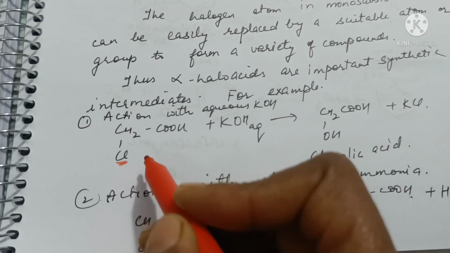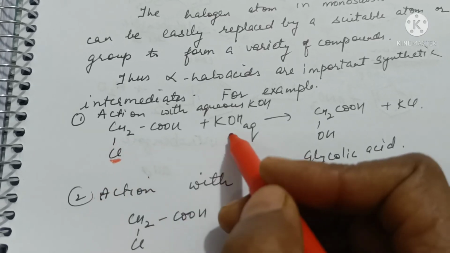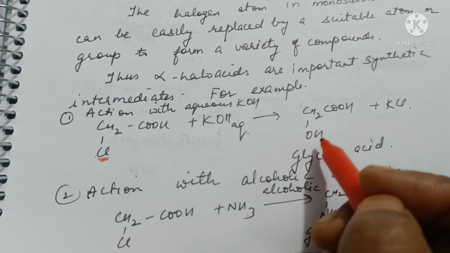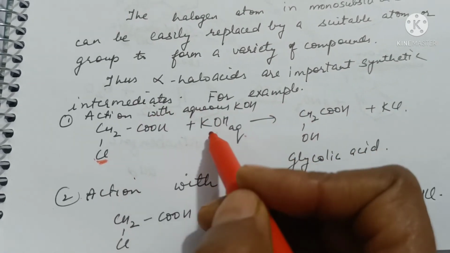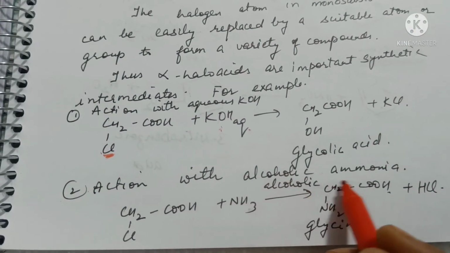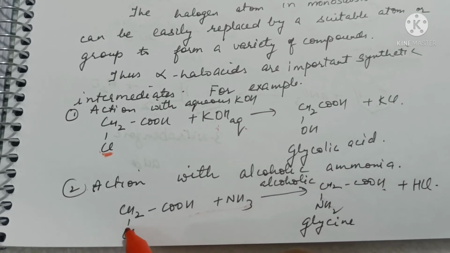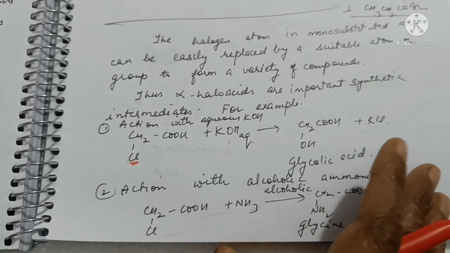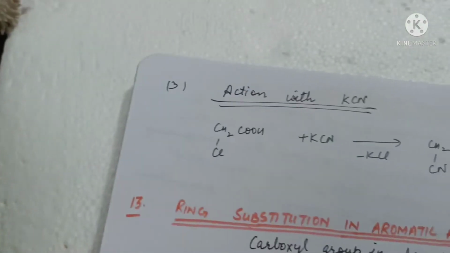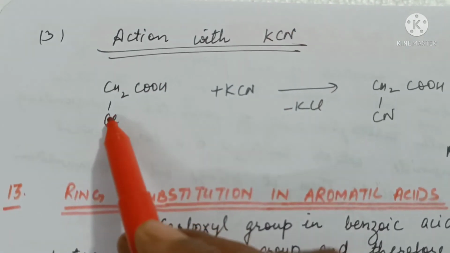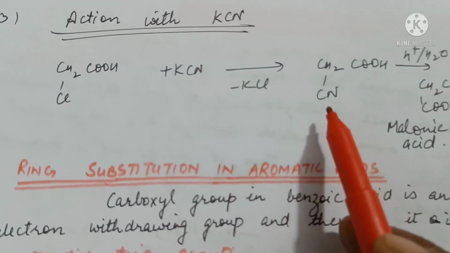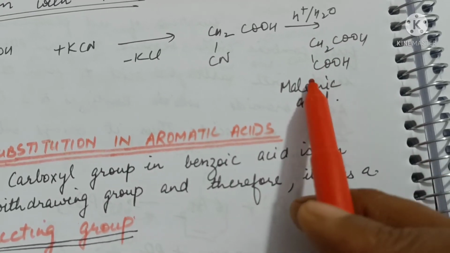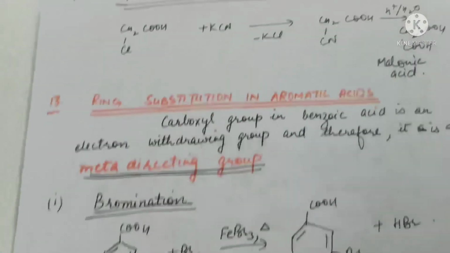For example, when we react it with aqueous KOH, OH takes the place of Cl to form hydroxyacetic acid, and KCl will be formed. If we react with alcoholic ammonia, HCl will be formed, NH2 gets attached, so glycine will be formed. If we react it with KCN, Cl is replaced by cyano group to form cyanoacetic acid, which on further hydrolysis forms malonic acid, a dicarboxylic acid.